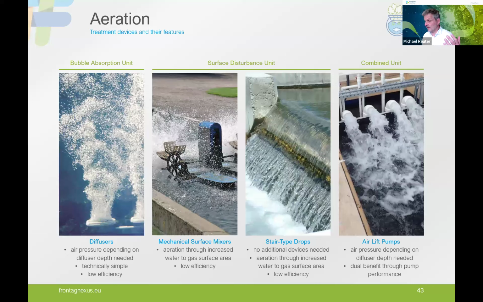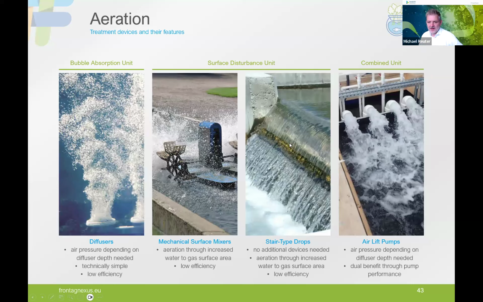Usually this is done inside of the culture unit. Also, if we need the air inside of our biofilter, we will put the aerator inside of the biofilter, and the same goes for the fish tank.